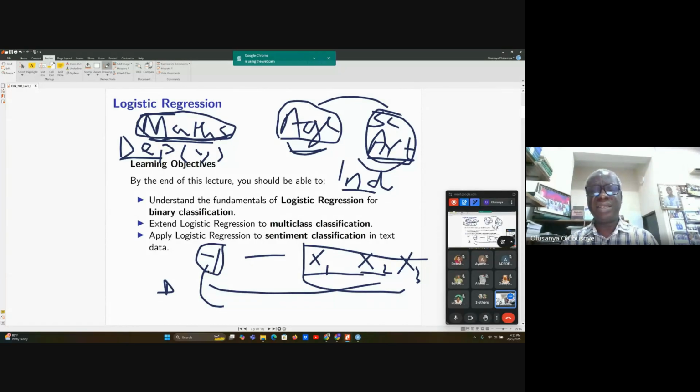So regression has different types, but it depends on the way this y is measured.